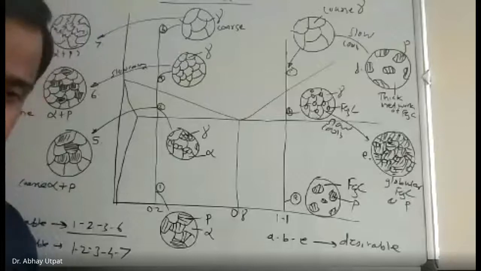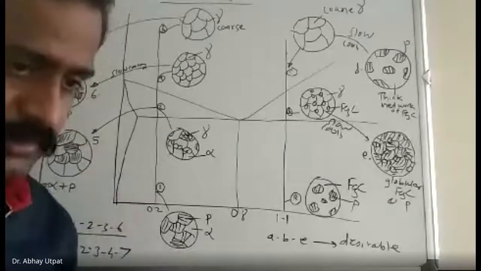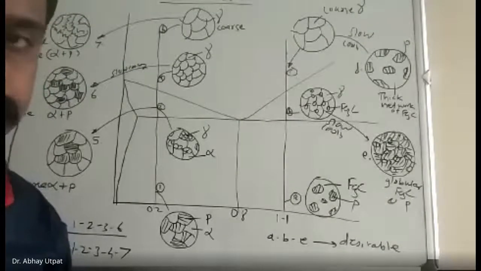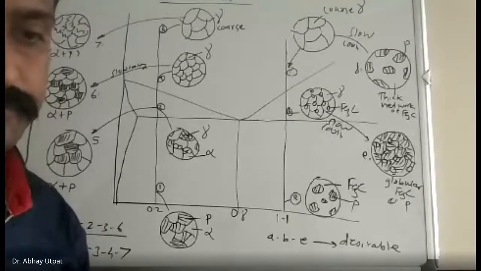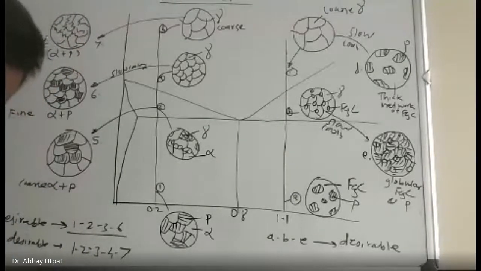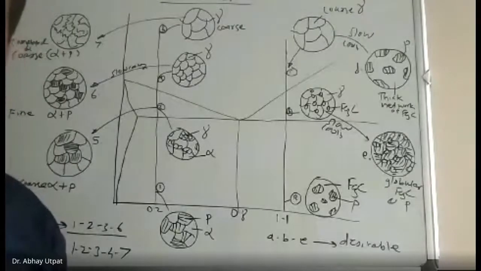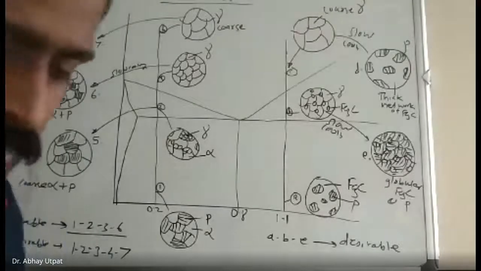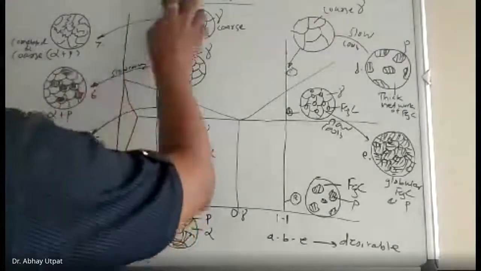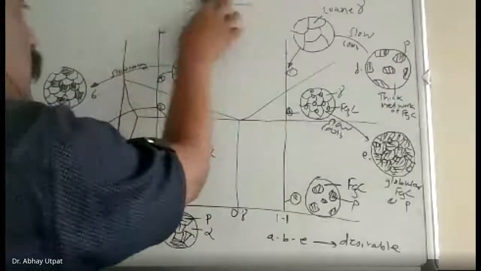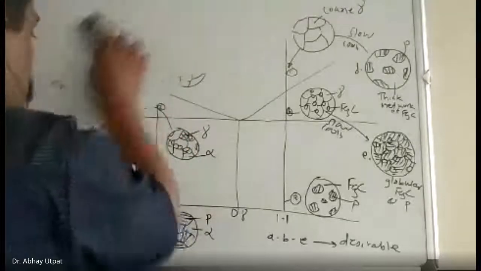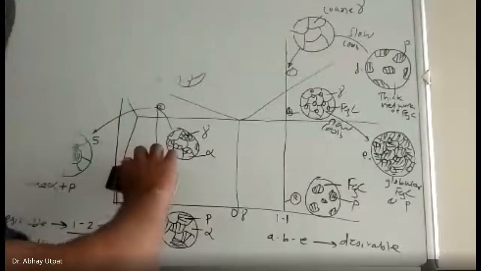Now write the reason. I think I have dictated the question last time. Question: annealing of hypereutectoid steel is carried out above A1 temperature and not above A3.